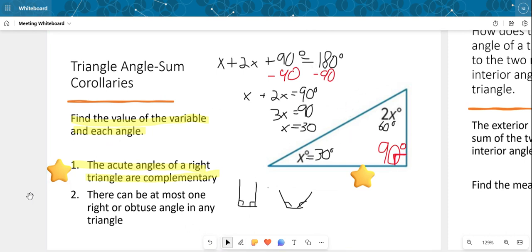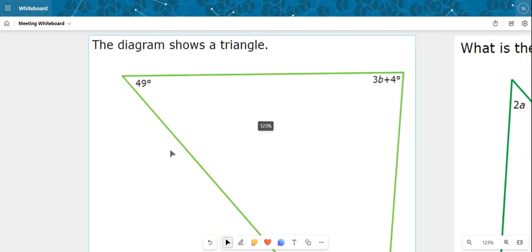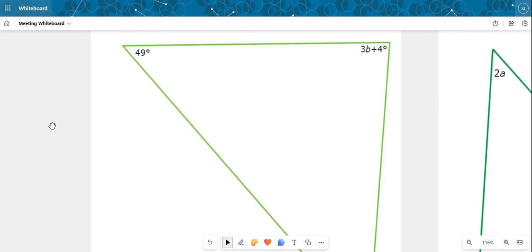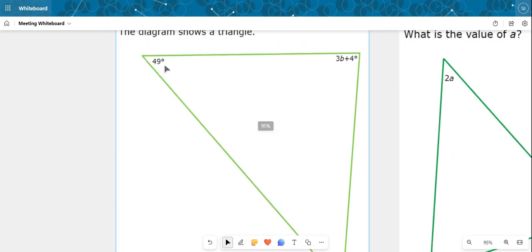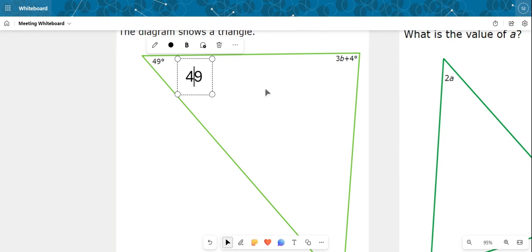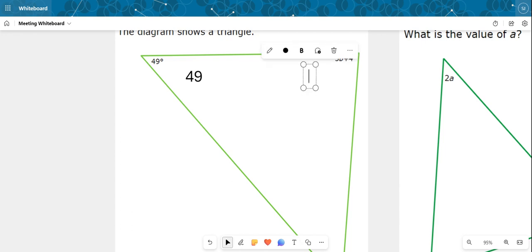We're going to apply this one more time with an IXL question. Down here, we have a triangle shown in our diagram. One angle is 49 degrees. The other angle over here is 3b plus 4.